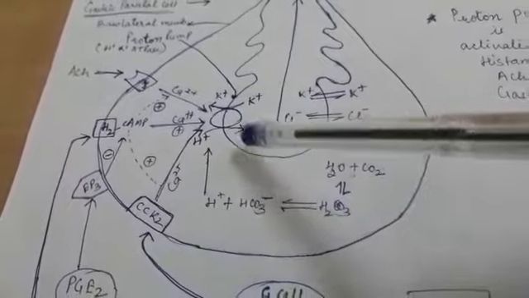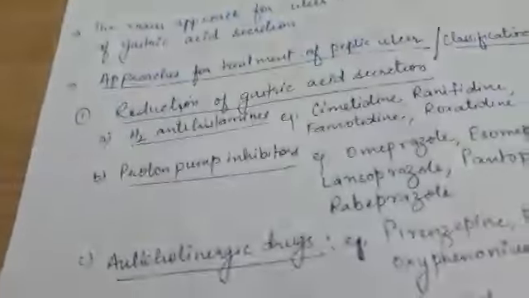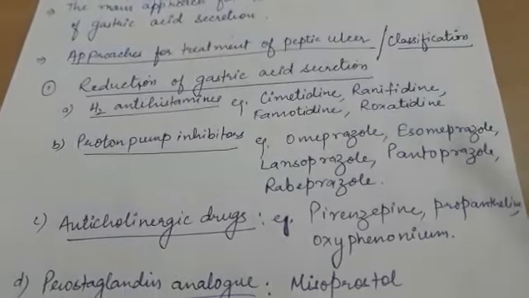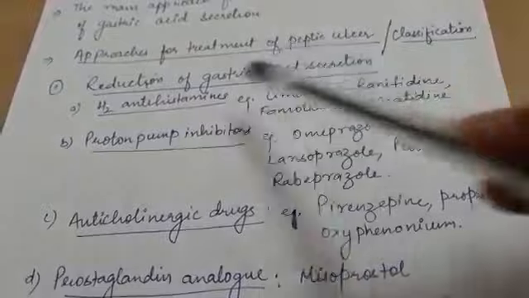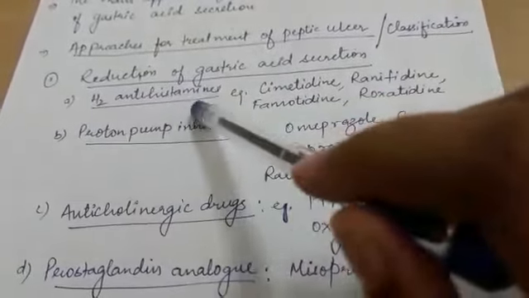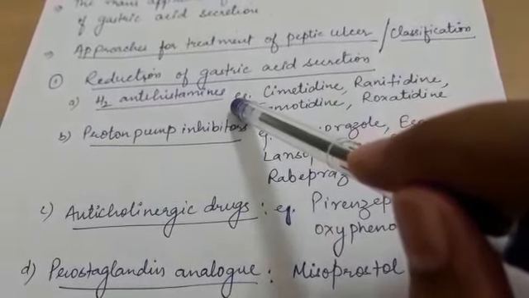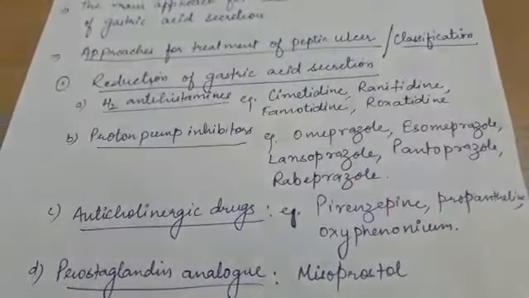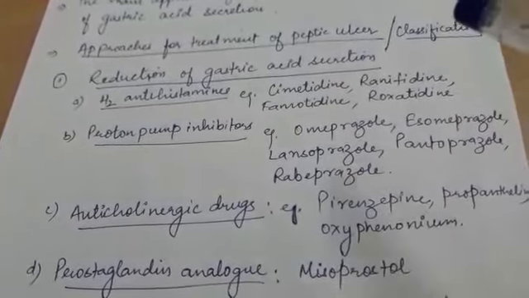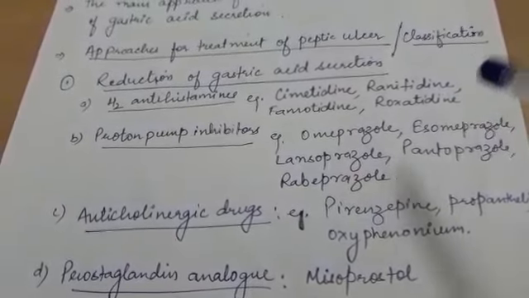So in the classification, we have read that the first approach is to reduce the gastric acid secretion, and to reduce gastric acid secretion, the first important class is H2 antihistaminics. We can block the H2 receptors through which histamine is acting and activating the proton pump.